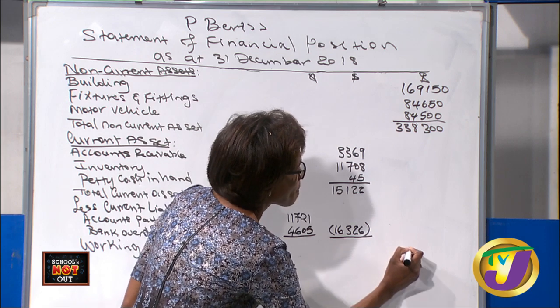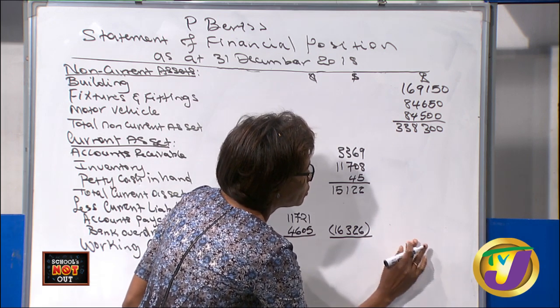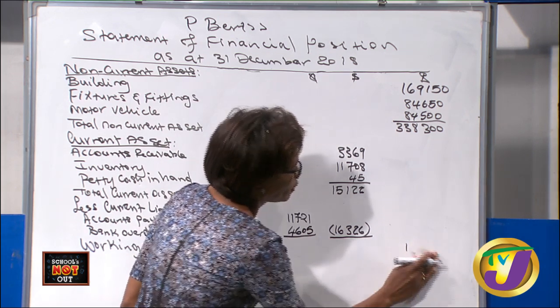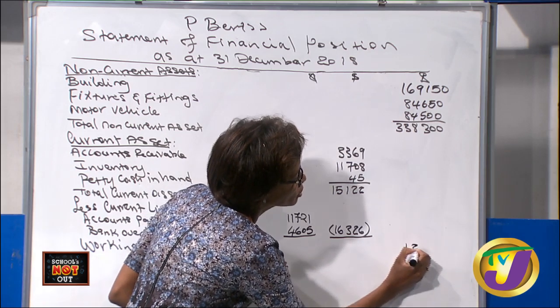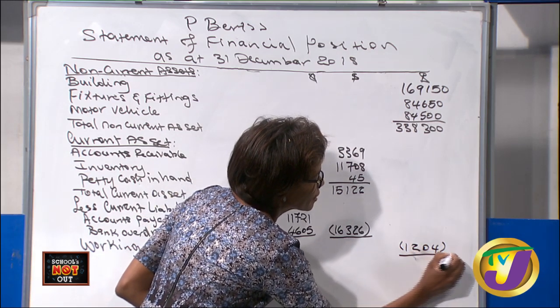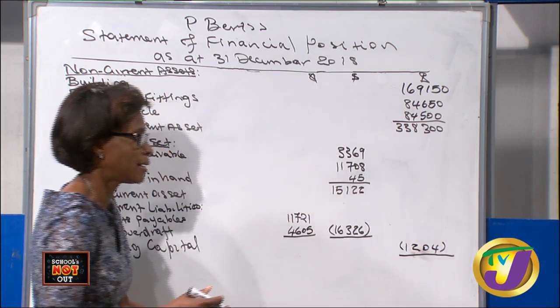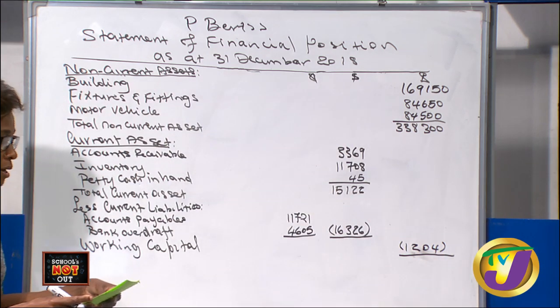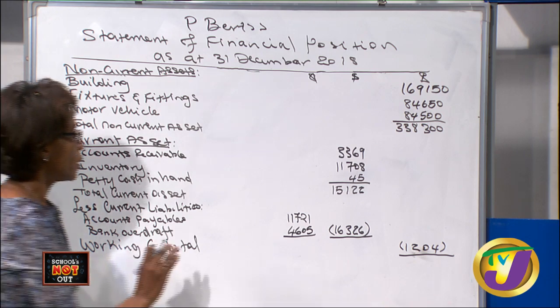Our working capital, which is 1,204. It's a negative because our current asset is less than our current liability.